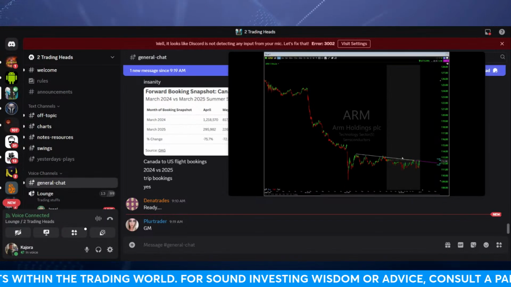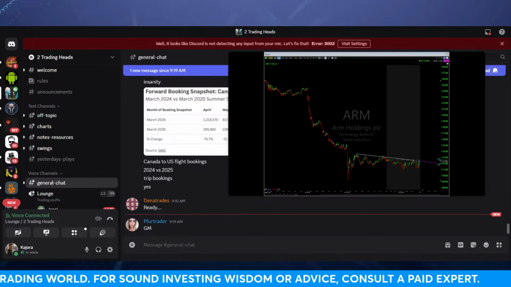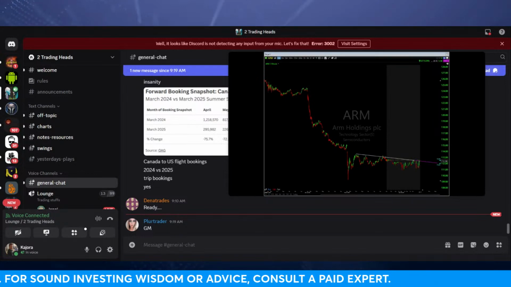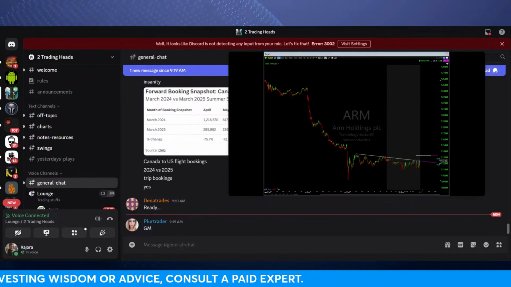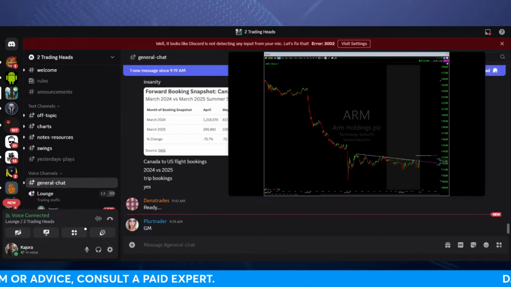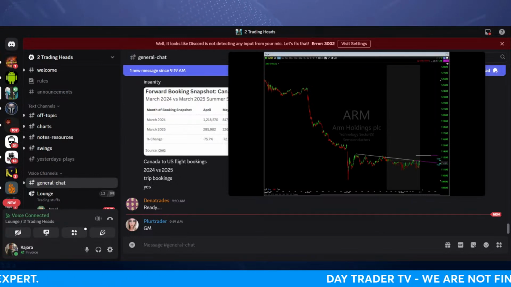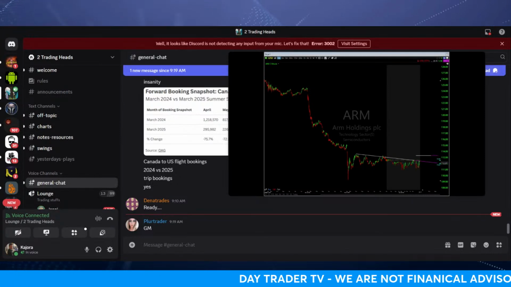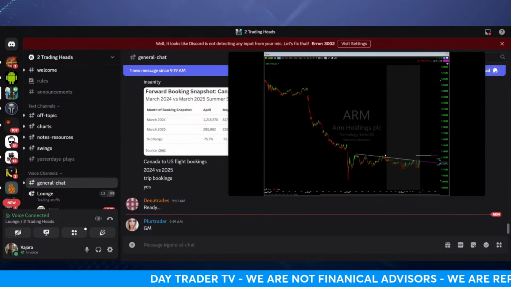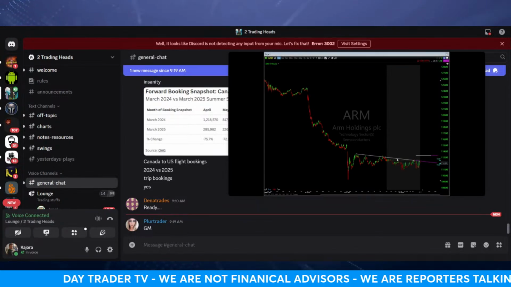You definitely want to see this one break above that resistance line. The next resistance would be this, at 113.30, and after that you have 114.70 as your resistance point.